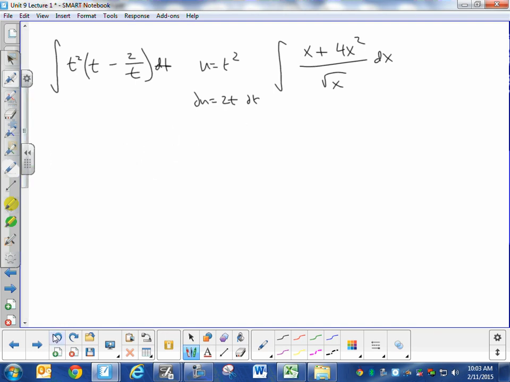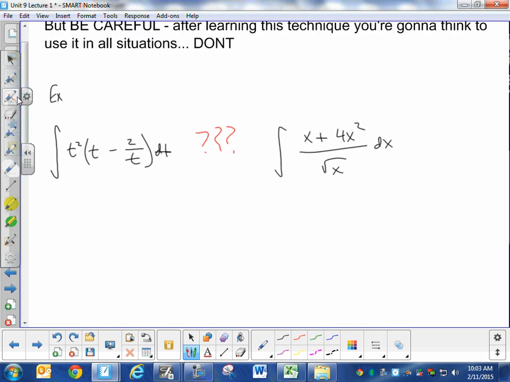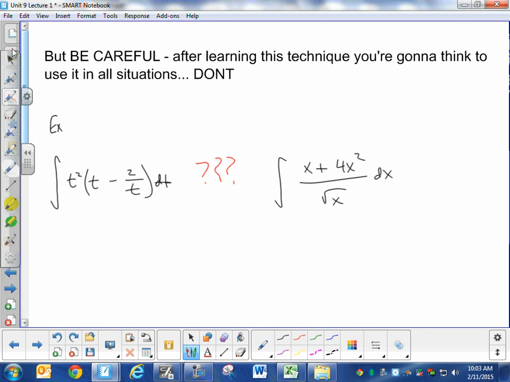So what do we do now? Set it equal to t? Well, that's not going to cancel it. No. It would just pretty much make it the same thing. So be careful. After you learn this technique, you're going to think you're going to use it in all situations. Do not.